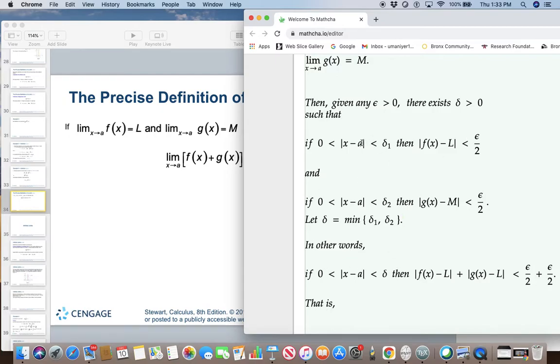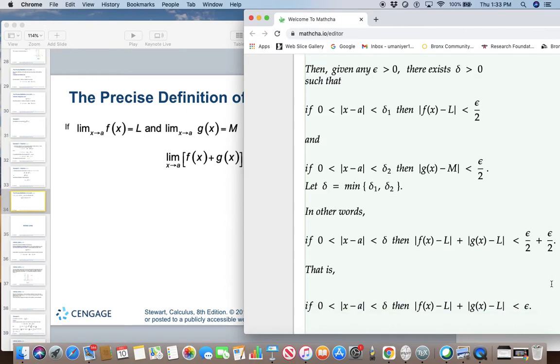So if I choose the minimum of the two, then I can combine these two sentences in one go. If the distance between x and a is less than delta, which is the minimum of these two, then both of these conclusions hold true. Then this is less than epsilon over 2, and this is less than epsilon over 2. So their sum is less than epsilon over 2 plus epsilon over 2.